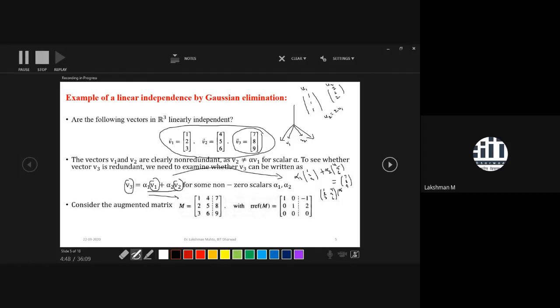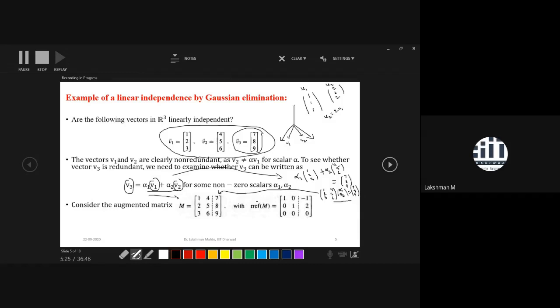So we are giving a matrix representation of this linear combination equal to V3, which has coordinates 7, 8, 9. In order to get the values of alpha 1 and alpha 2, we have to solve it. As we have already seen, we first need to write it in augmented form. This is the augmented form of this system.